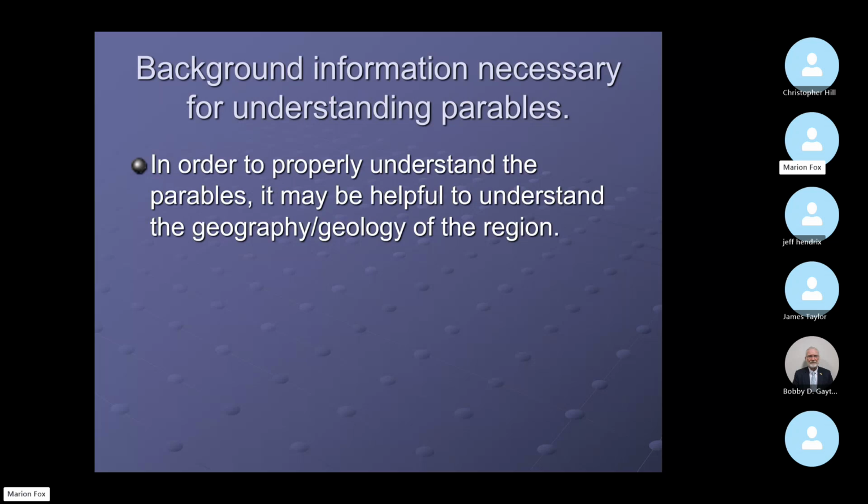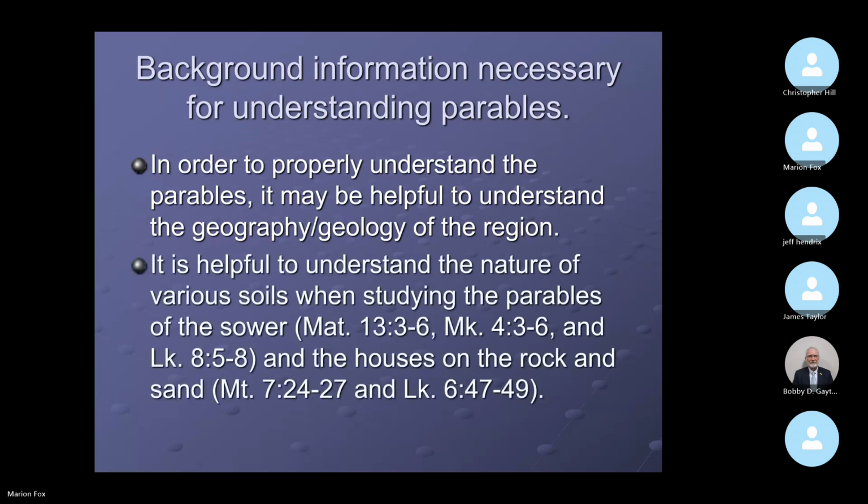And in order to properly understand the parables, it may be useful to understand the geography or geology of the region or some other facts, customs of the region. It's helpful to understand the nature of various soils, for example, in the parable of the sower. That's found in three accounts: Matthew 13, 3 through 6, Mark 4, 3 through 6, and Luke 8, 5 through 8.